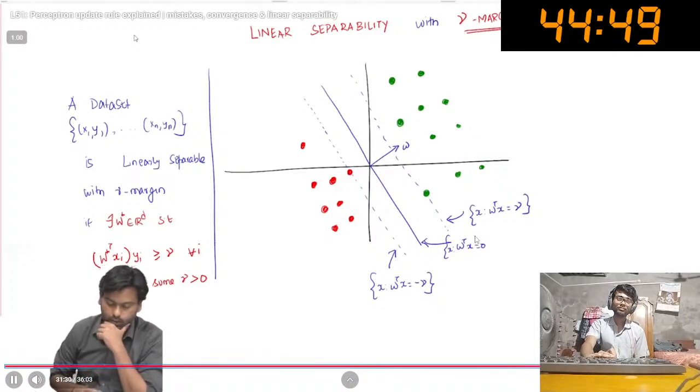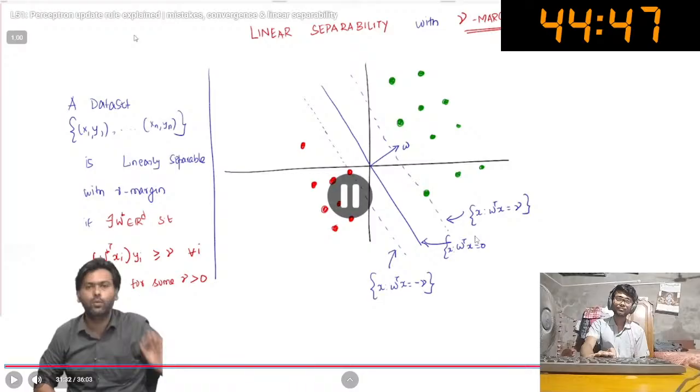So, this is the definition. It needs some parsing and we will do that now.